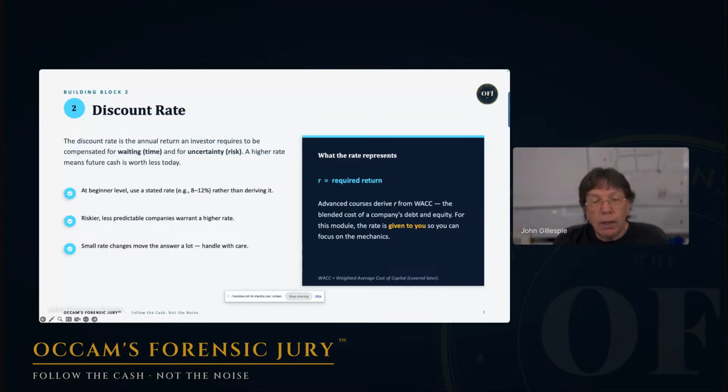Advanced courses derive this from WACC, the weighted average cost of capital, right? We're just giving you the r for this class to make it simple. But if you take a class like this in a university, you'll be hearing this term WACC, or weighted average cost of capital.